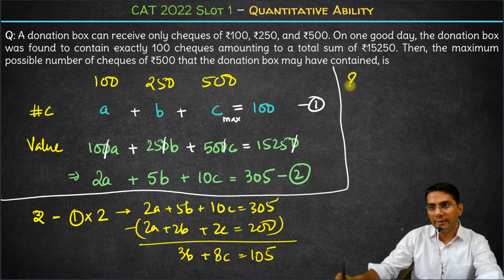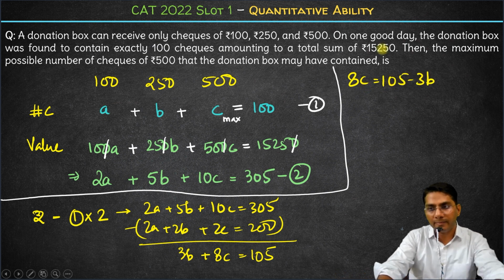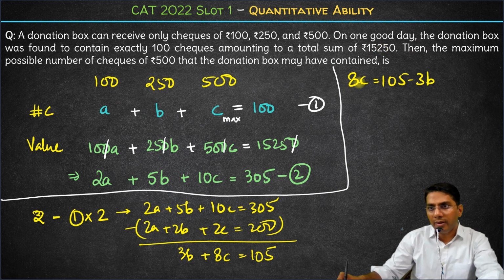Okay. So we have 8C equal to 105 minus 3B. Now, this essentially gives us C equal to (105 minus 3B) by 8.